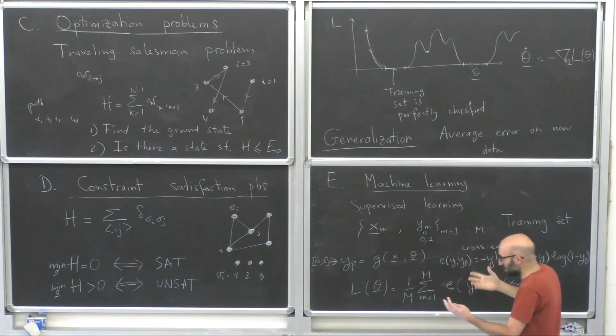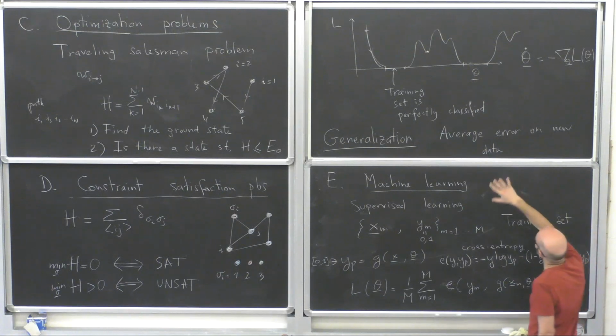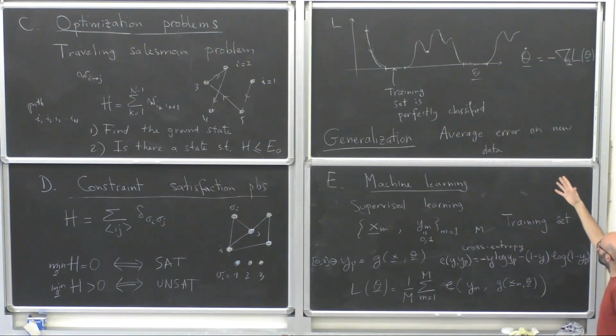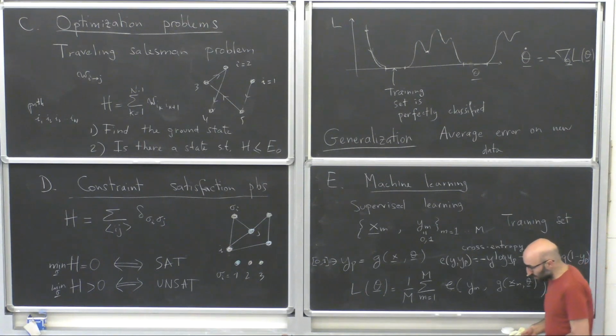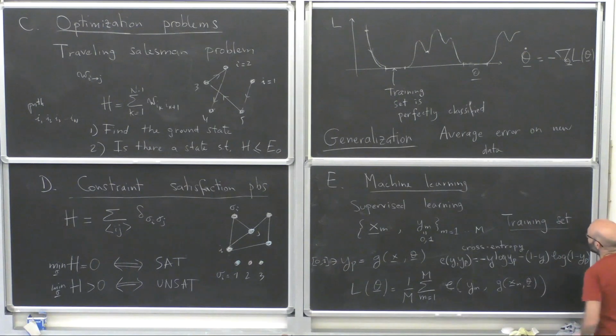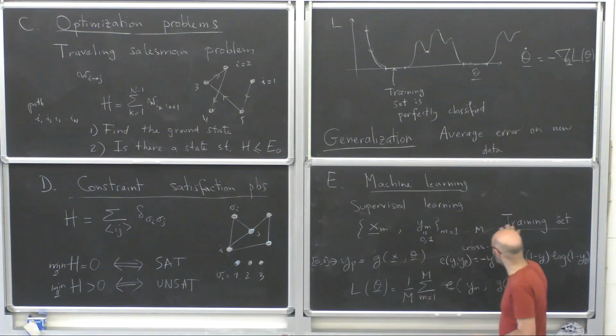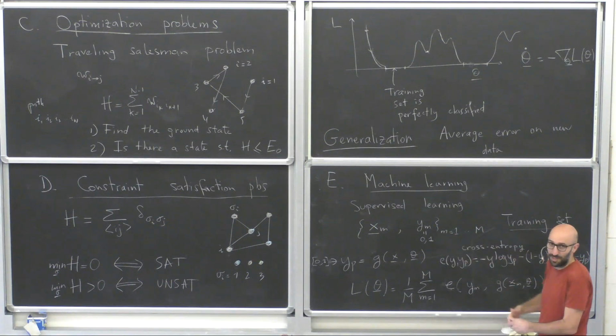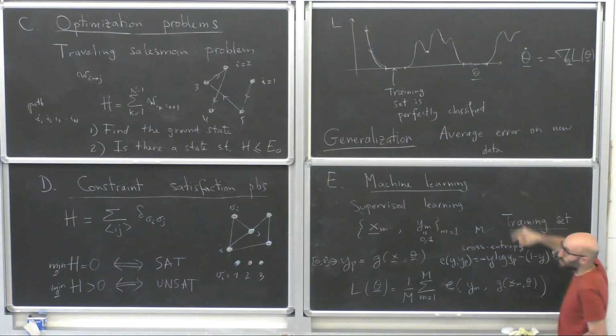So you have this loss landscape that is a function of these parameters theta that you want to learn. You try to minimize the loss, but the loss depends only on the training data. In principle, you want to show new data to the machine, and the machine has not seen them, so they are not in the loss.